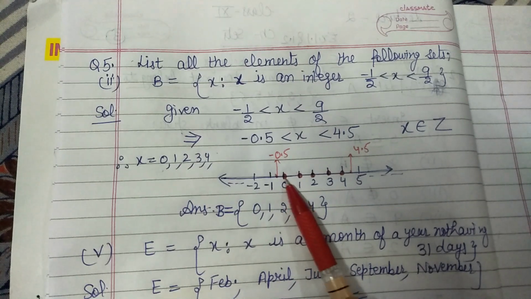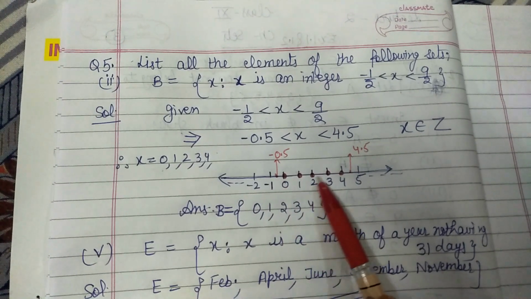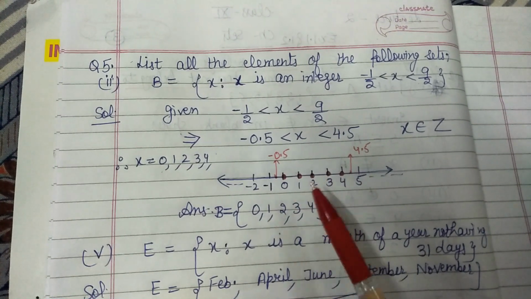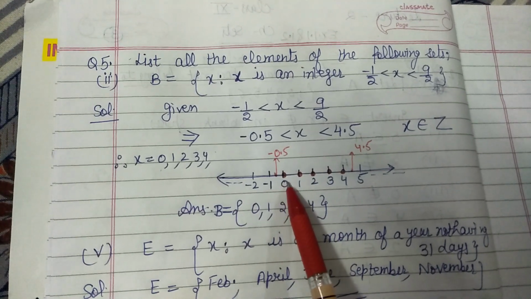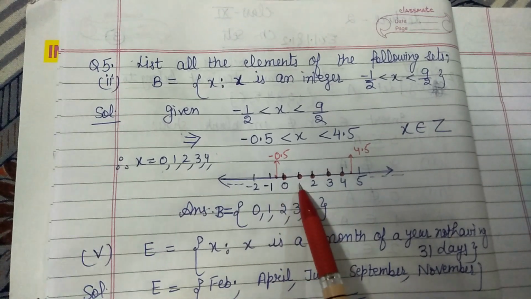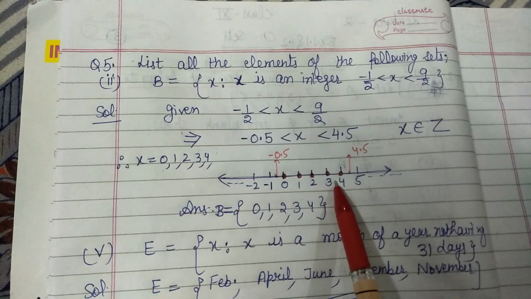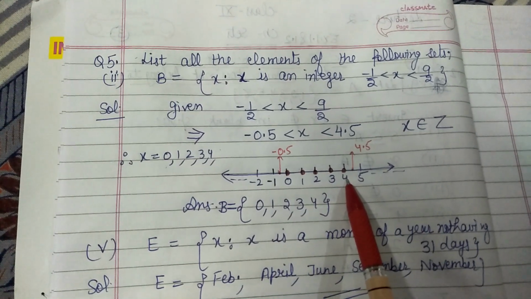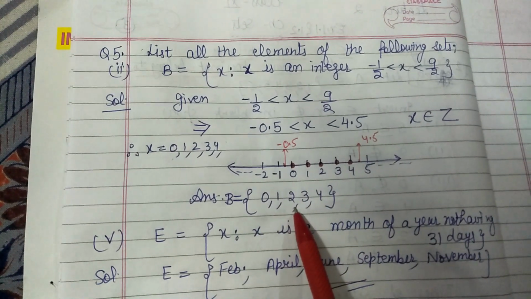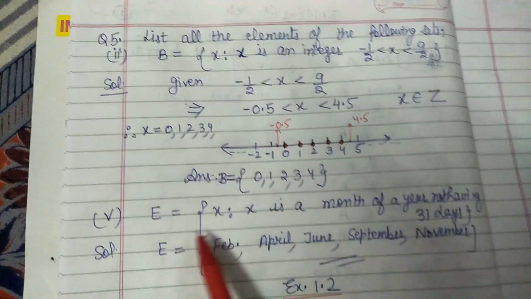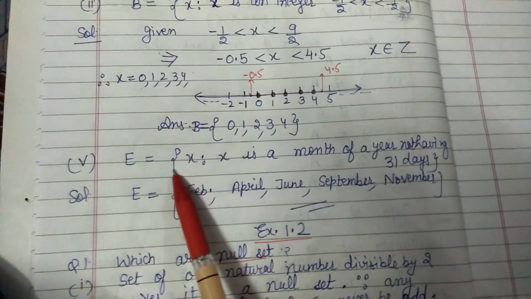So between these two we have to give all the integers. So we get 0, 1, 2, 3 and 4. So that will be our answer. Clear?